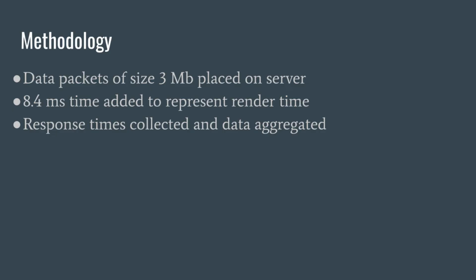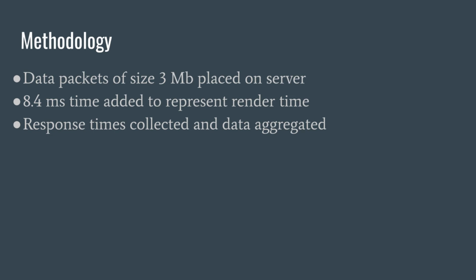With this data, a series of data packets were created to represent a series of frames. Each data packet is of size 3 megabytes and is placed onto the California server. The packets are placed there to represent scene assets being available on the server. To maintain realism, we must also account for the approximate runtime of rendering the frame.